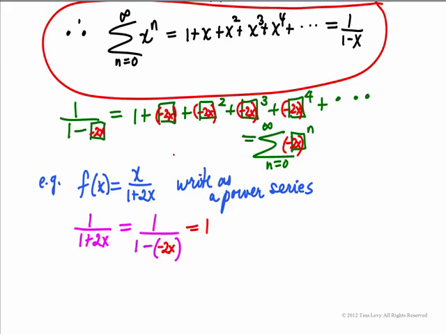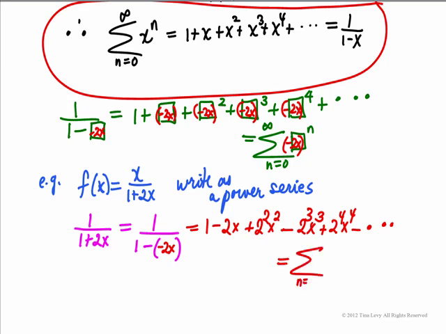So this will be 1 minus 2x plus 2 squared x squared minus 2 cubed x cubed plus 2 to the fourth x to the fourth. And this is going to go on indefinitely. I can write this now in series form like this: the sum from 0 to infinity of negative 2x to the n, which can be written as negative 1 to the n, 2 to the n, x to the n.